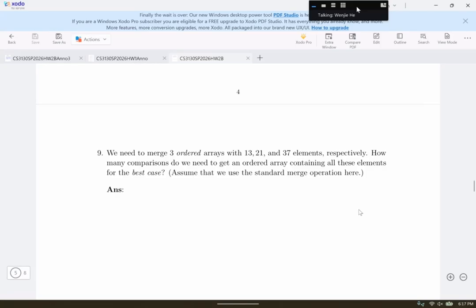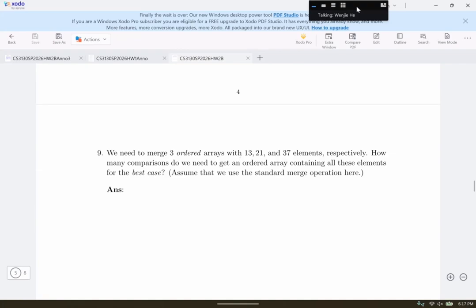I will modify them. I want to make sure that when you see these two questions, you can get full credit. These two questions have the version with 3 ordered arrays to merge.